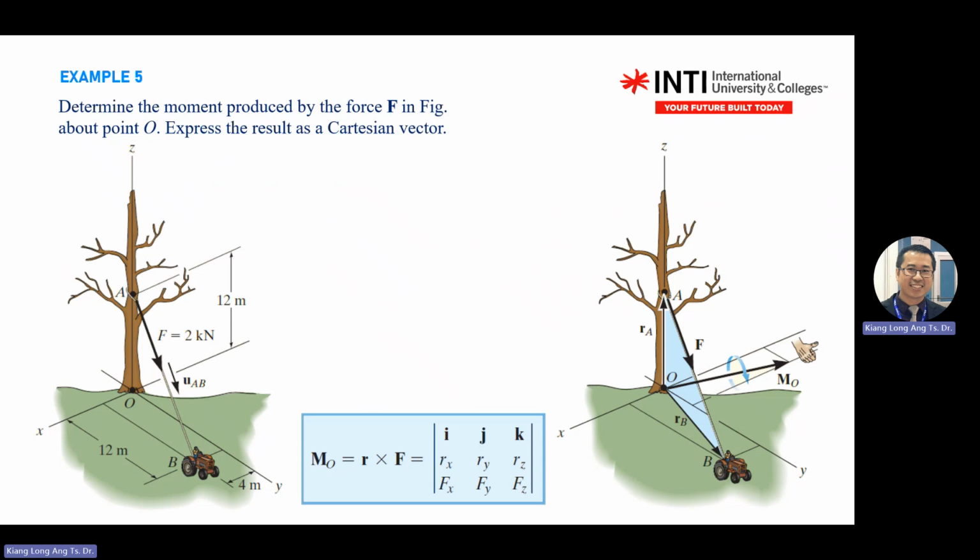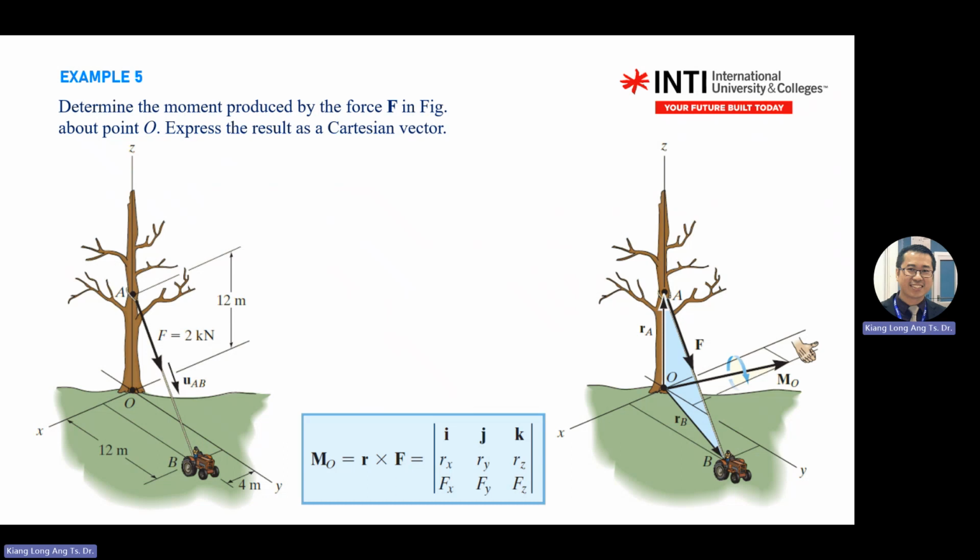So again, you split your forces into directions, and here there are two directions for R: the OA direction and the OB direction. This diagram just shows you that you have two ways of solving the question.